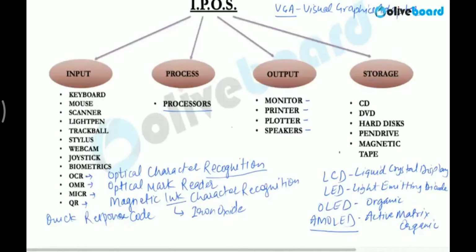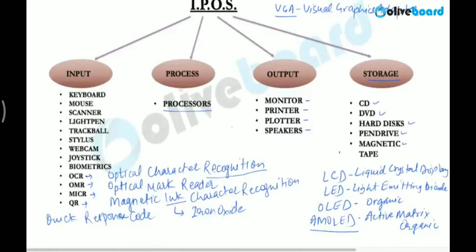In storage devices, we have various different types of storage devices. There are magnetic storage devices, optical storage devices, and then we also have electrical circuitry storage. A few of them are listed here: CDs, DVDs, hard disks, pen drive, and magnetic tape.